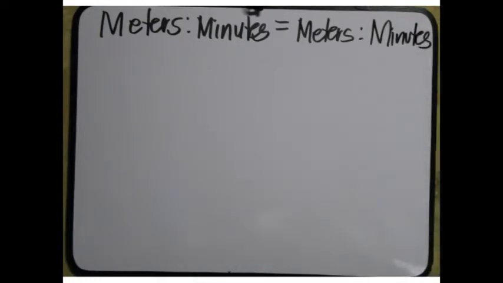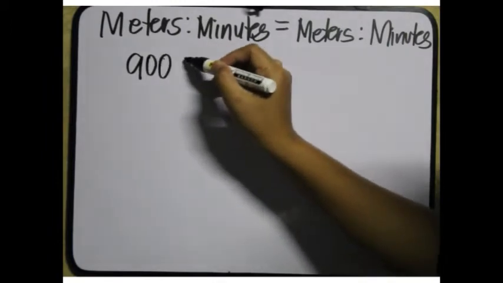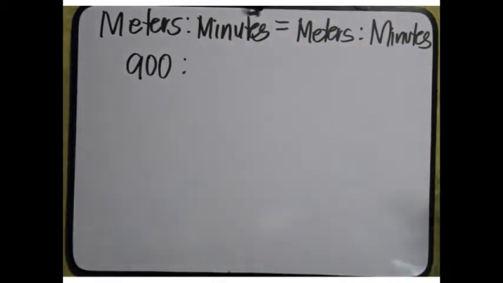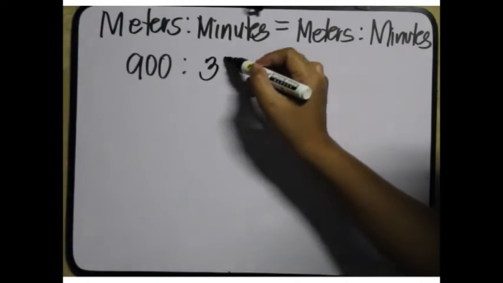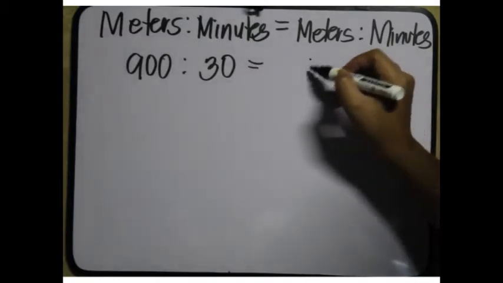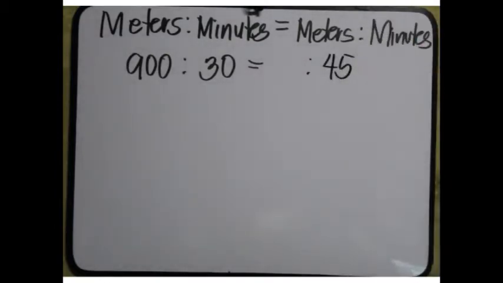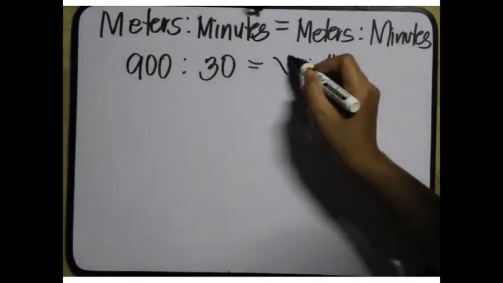The first one, 900 meters, will take only 30 minutes. And then, how many meters can he run in 45 minutes? So 45 minutes, and we are asked to find the meters, so we can write it as x.